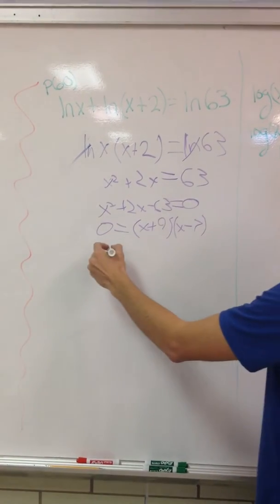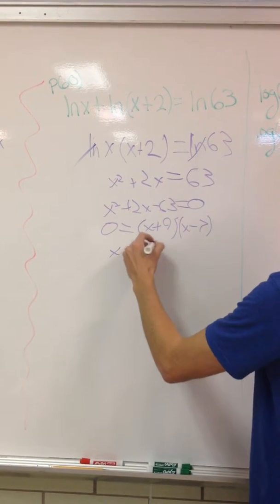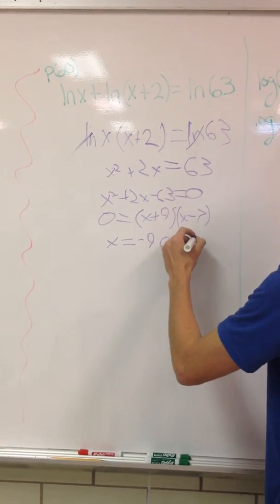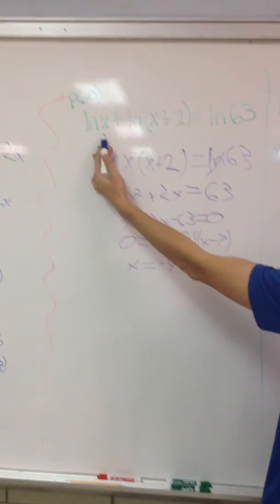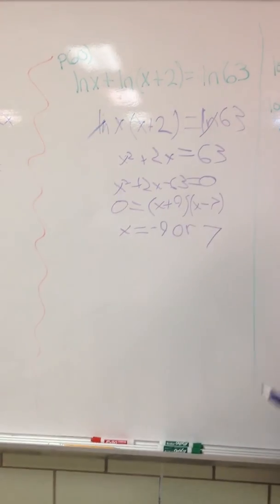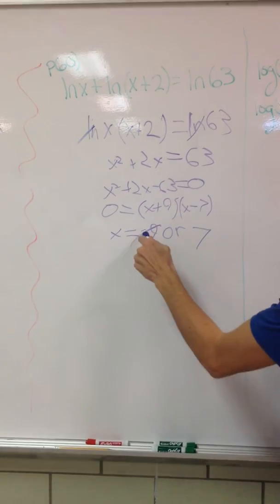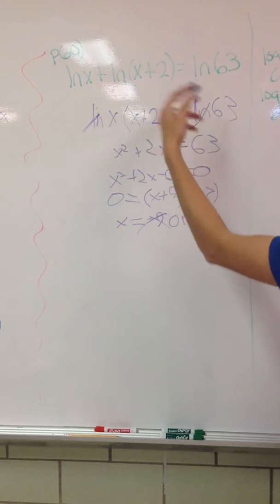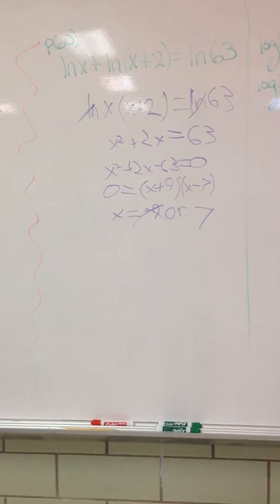So our final answer will be x equals negative 9 or 7. But when we plug negative 9 back in, we see that we have a negative number in the ln, and we can't solve for that, so that gets thrown out. And then the 7 goes back in, no negatives, no 0. We can solve for that, that works perfect.